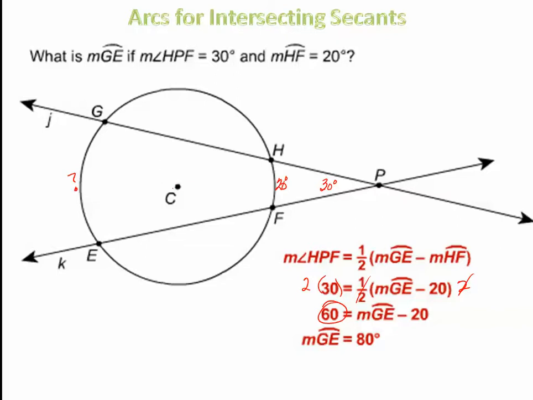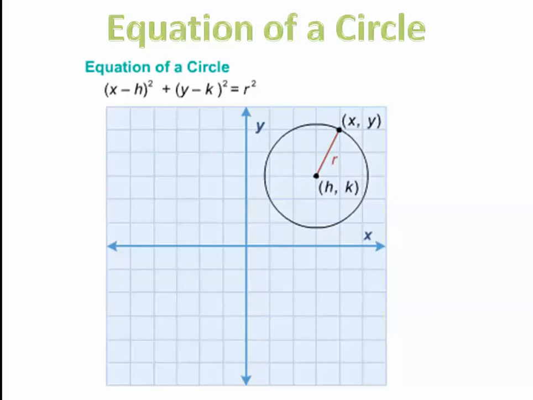So remember, it doesn't matter if you're dealing with a secant and a tangent, two tangents, or two secants. You're always going to use this same way to calculate the measure of an angle or to discover the measure of a missing arc. Okay, the other thing that we studied was the equation of a circle. So you have (x minus h) squared plus (y minus k) squared equals r squared. That's your equation.